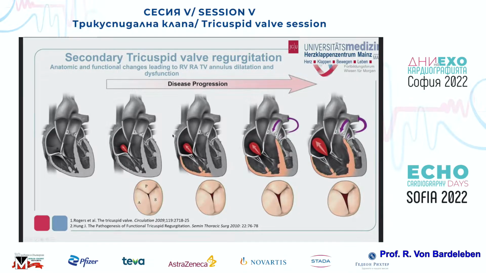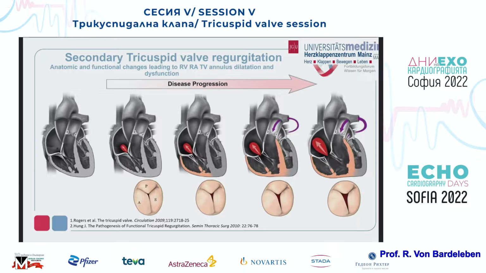If the disease goes on, we see an increase in regurgitation that goes along with dilatation of the right ventricle, but under-recognized also the right atrium, and an annular dilatation, which causes a triangular or rhombus-shaped dehiscence that can be very, very large.